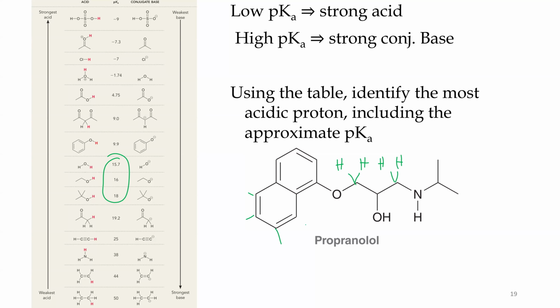What about these aromatic hydrogens? Wouldn't they also just be sp2s? They'd be sp2s, so we put them down in this category, also not very acidic. Generally speaking, hydrogens attached to a carbon are not going to be very acidic. So we should start looking at other groups.